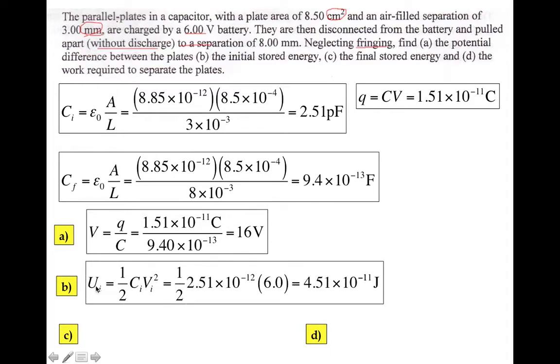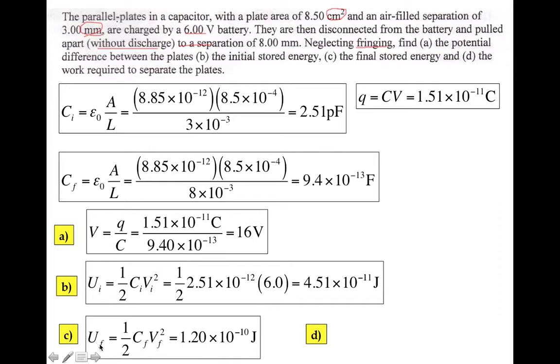This allows me to calculate the initial potential energy, which is simply half CV squared. C is given, and V for the initial one is 6 volts. And I'm going to calculate the final potential energy, which has V final, which is 16, and C final, which is this one.